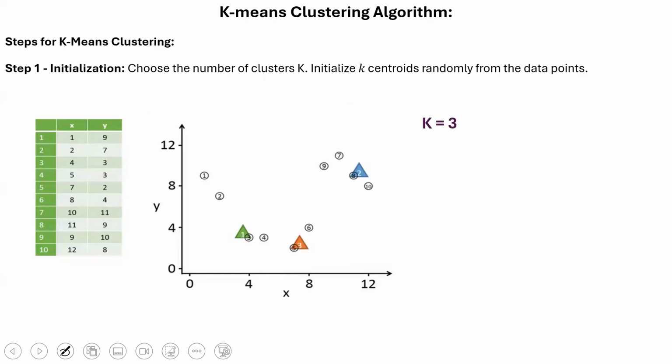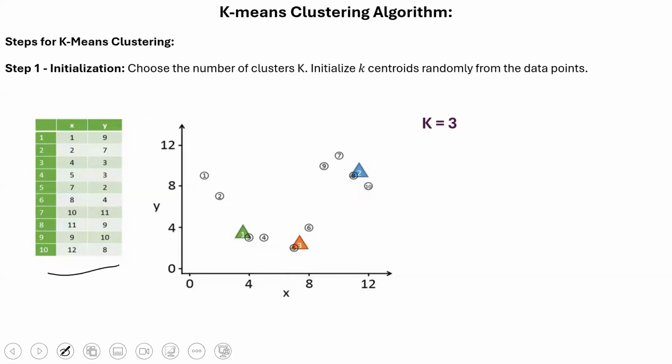This algorithm also depends on the distance notion. If you are given a data set like this, you are trying to cluster these data points into different clusters. What do you always have to do for a clustering algorithm?